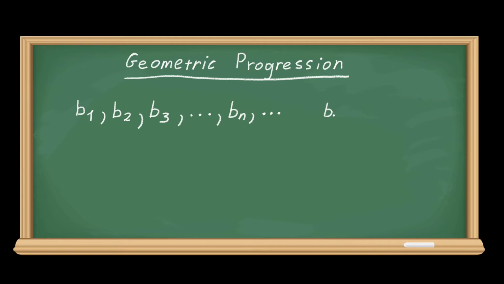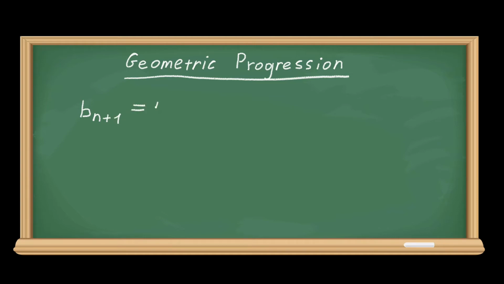The first number in the geometric progression, or b1, cannot equal 0. Also, I want to clarify that n in Bn stands for a natural number. To find the next number in the sequence, which is Bn+1, we can multiply the previous number by the rate of change in the sequence.